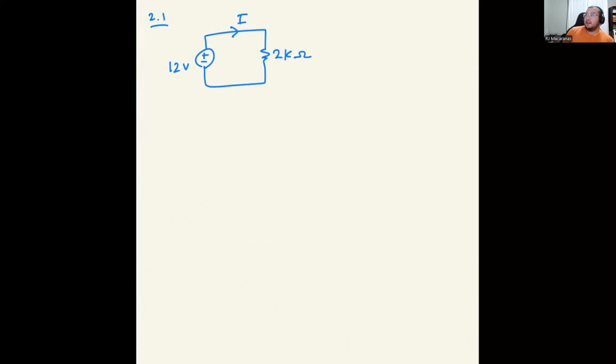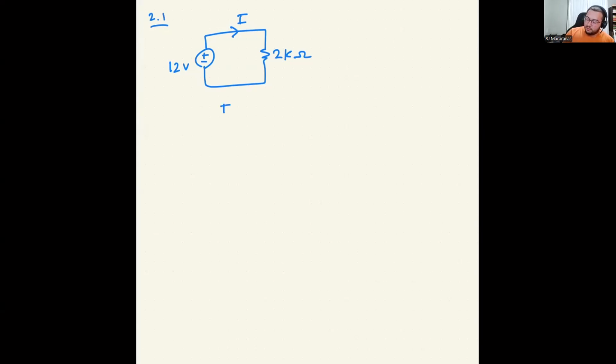Again, this is an example of a single node pair circuit, but it's a pretty simple circuit. And we know that by Ohm's law, the current is given by the voltage divided by the resistance. In this case, we know the voltage across that resistance. This is going to be 12 volts. And then the resistance is 2 kilo ohms. So I'm going to write that 2K.